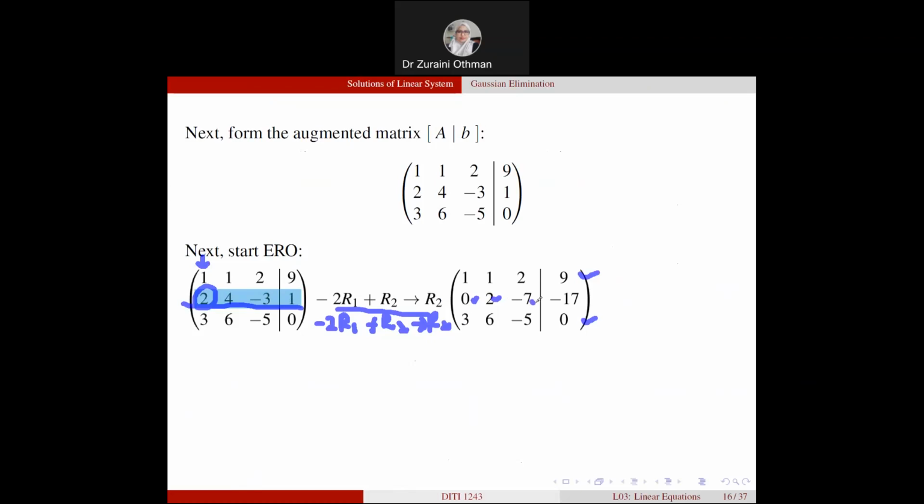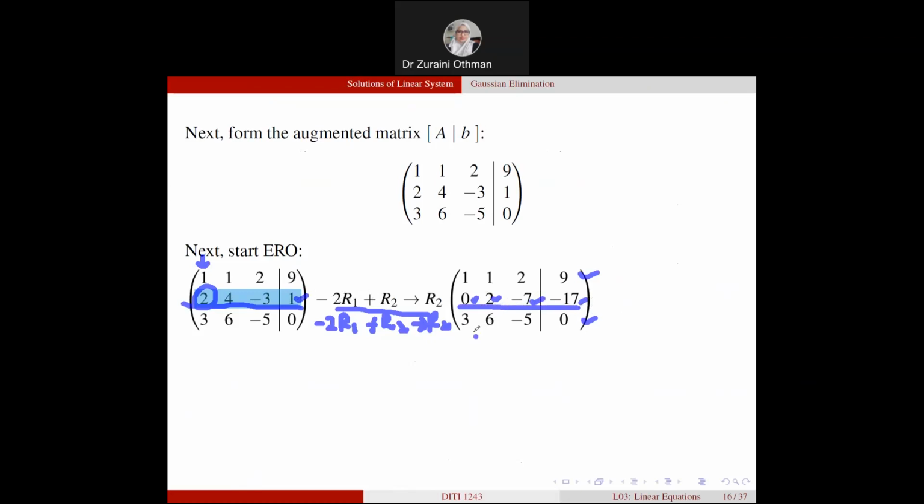Here it is negative 7. Now for the last element, we have to change it. So, negative 2 times R1, R1 is 9. So, negative 18 plus 1. So, it is negative 17. So, all this row 2 element completed.